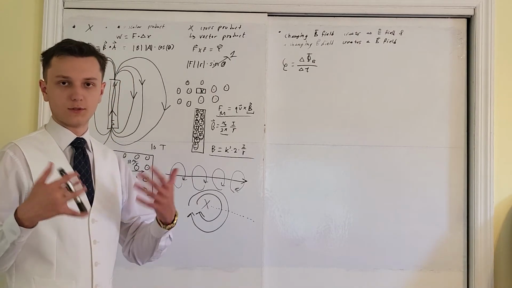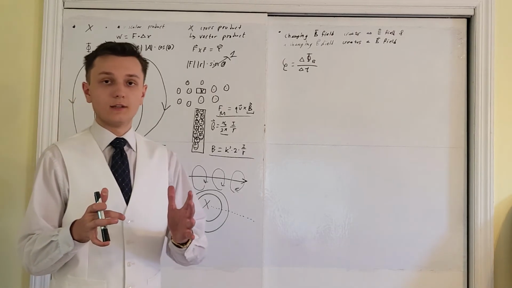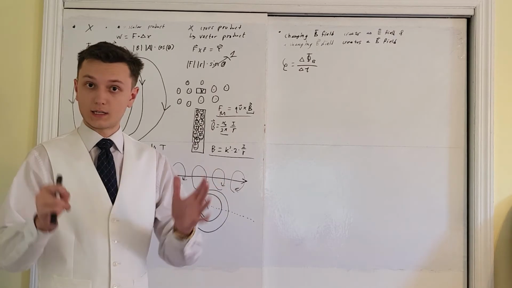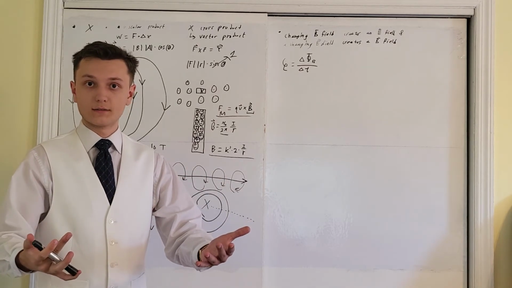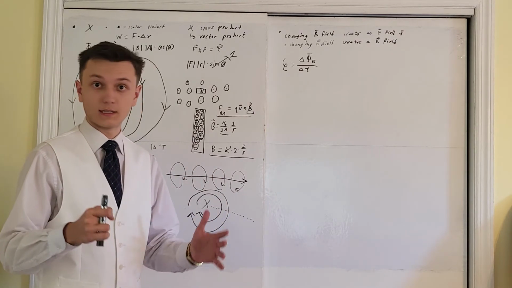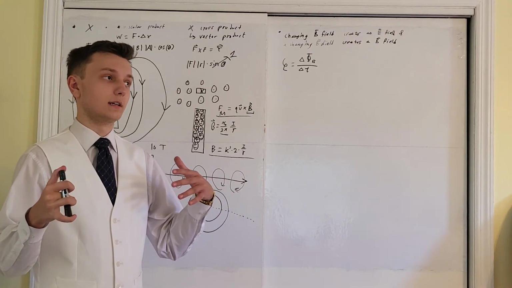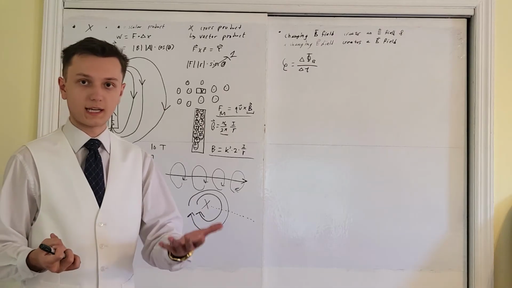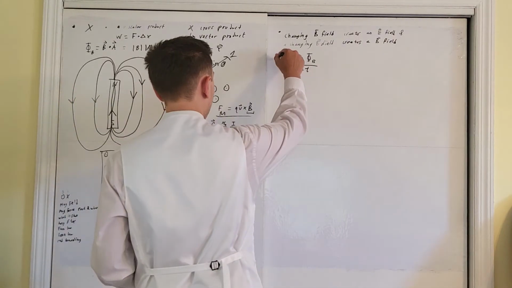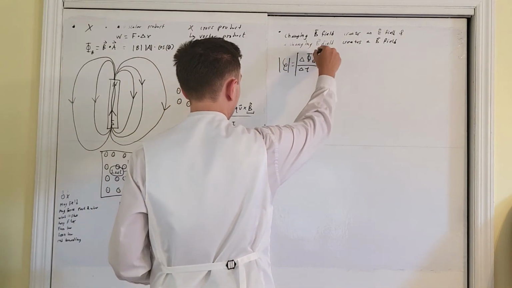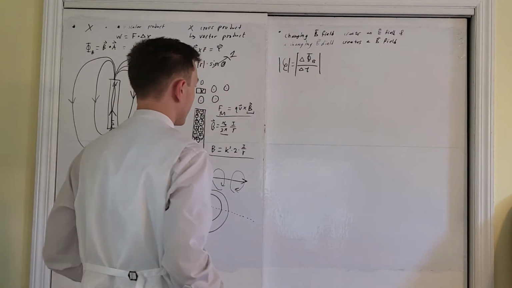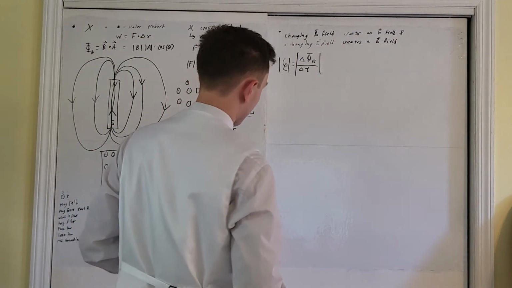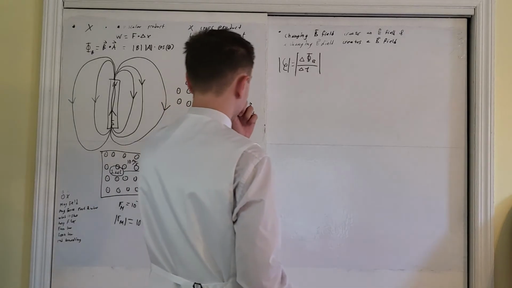And for those of you who haven't caught on, if you induce an electric field in a conductor, that makes current. If you induce an electric field in a conductor, that implies a potential difference. It implies a voltage, because current can't flow without a voltage. So I'm going to put big magnitude bars on both sides of this equation, and you'll see why in just a moment when we cover Lenz's law, okay?